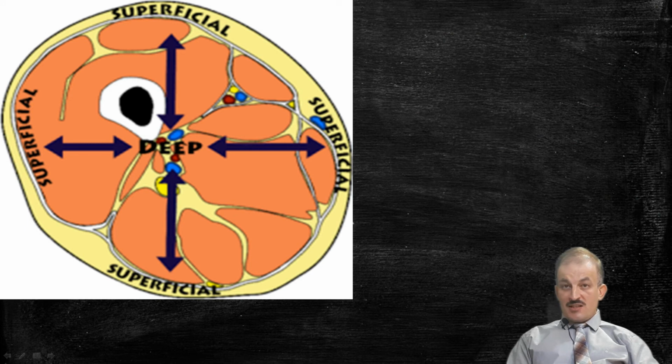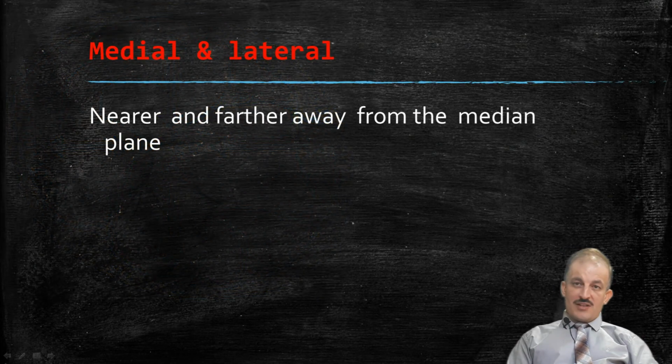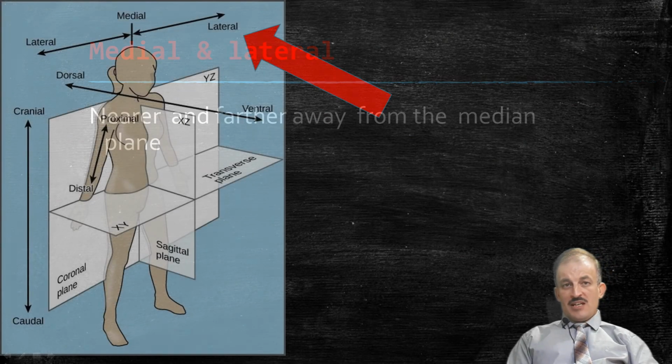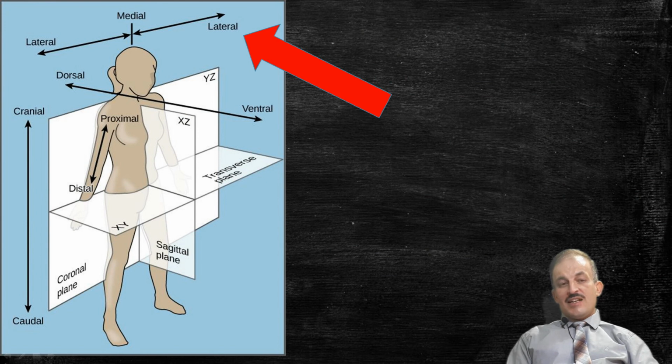Superficial is closer to the body surface, and deep is closer to the core of the human body. Medial and lateral mean nearer to and farther away from the median plane. For example, in the standard anatomical position at the forearm, we have two bones, radius and ulna.